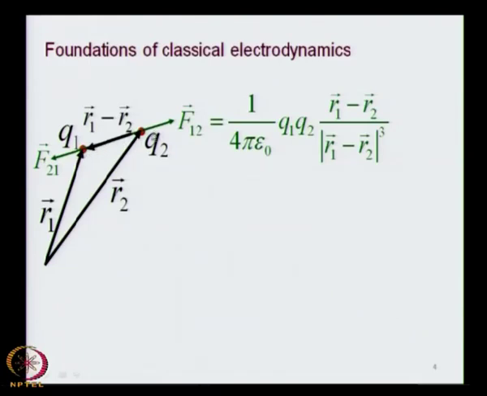For our discussion I consider these two charges to be of the same sign, so that they would repel each other, and this force is given by the inverse square law, q1 q2 by distance square. The distance square is written as a distance cube, because there is a distance in the numerator as well other than the direction, which is r1 minus r2.